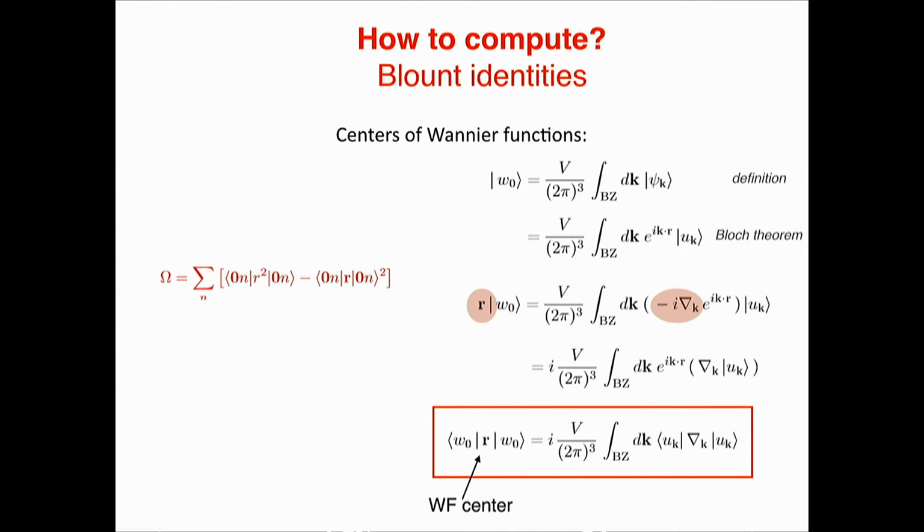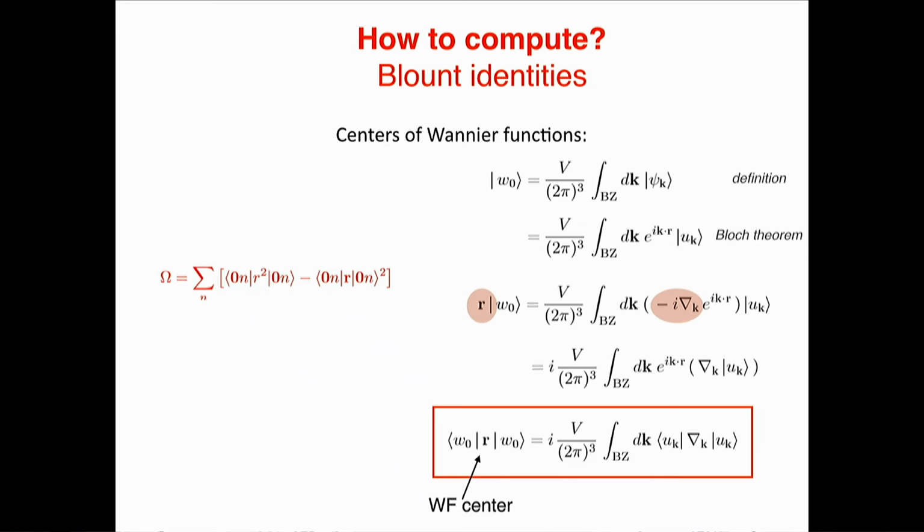Now if I multiply by R, you see that I can get R by just calculating the gradient of e to the iK·R. If you do a gradient, this brings me down iK. So if I also multiply by minus i to remove the i, then minus i gradient with respect to K of e to the iK·R gives me just an R in front.